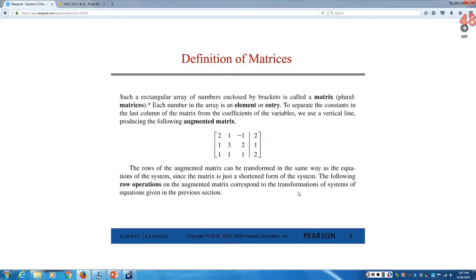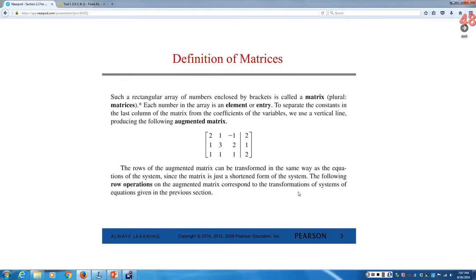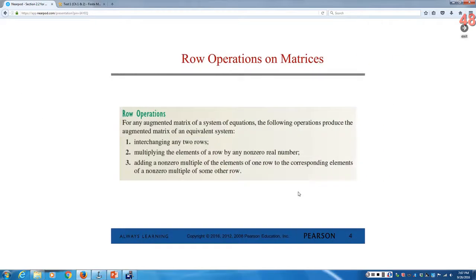And then these rows can be transformed exactly the same way that we transformed systems of equations. Once again, by doing row operations, we can interchange any 2 rows, we can multiply the elements of a row by any non-zero number we want to, or we can add a non-zero multiple of a row to any other row that we want to.